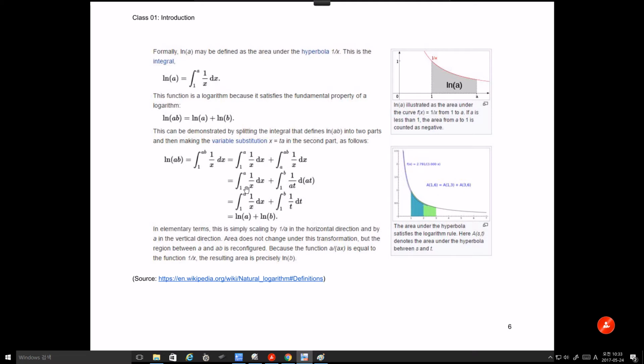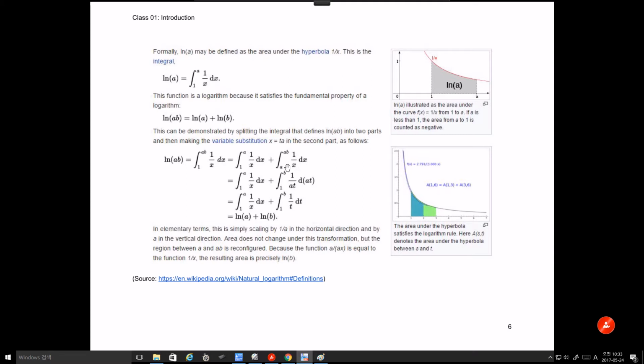Now we can leave the first part as it is. About the second part, we can make the change of variable x equals at, then dx is a dt, right? So instead of x, we plug this in over here. Now it is 1 over at and a dt.